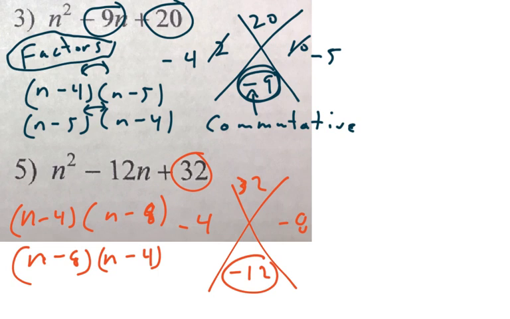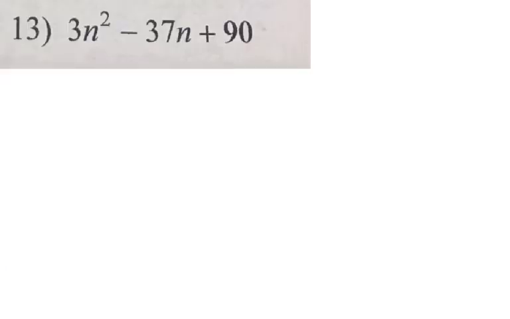Now let's do one that we started learning about yesterday that's a little bit more challenging. So notice what's different about this one, guys, is I have this 3 here. And if I try to divide each of these by 3, 37 does not divide by 3. So therefore, I'm stuck with the 3.